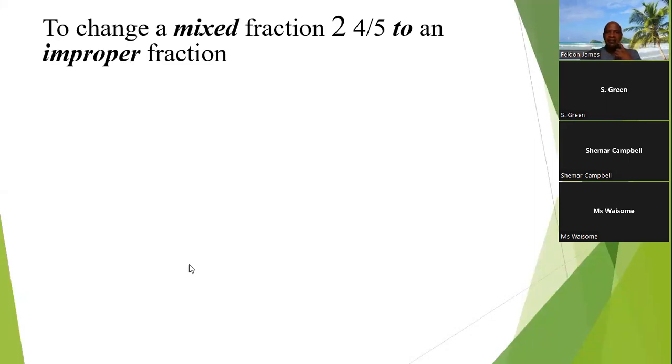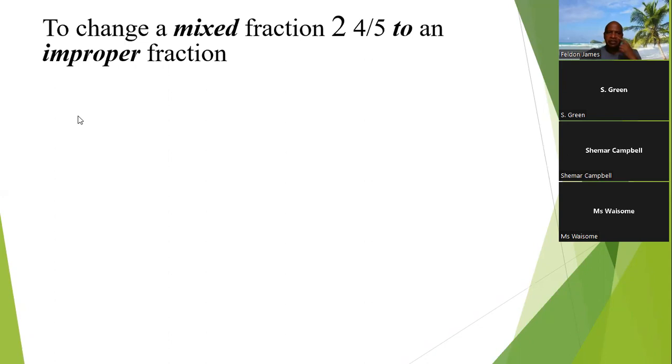Now, one of the things that we should be able to do with the fractions, we saw where we have mixed numbers and we saw where we have improper fractions. Because both of them are somewhat related to each other, it means that we can always convert from one to the other.